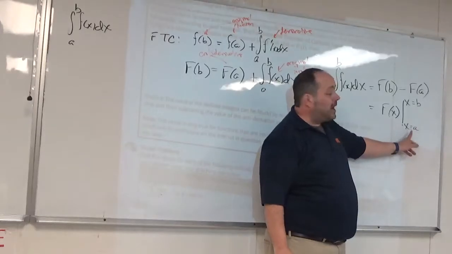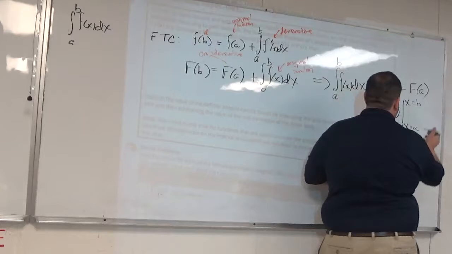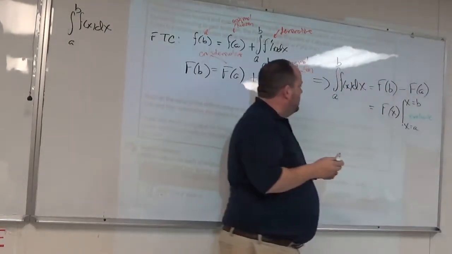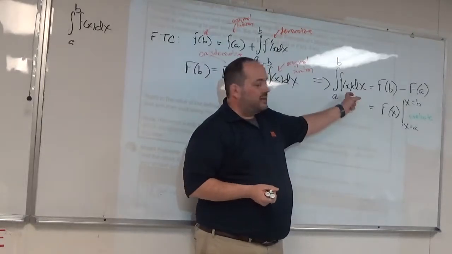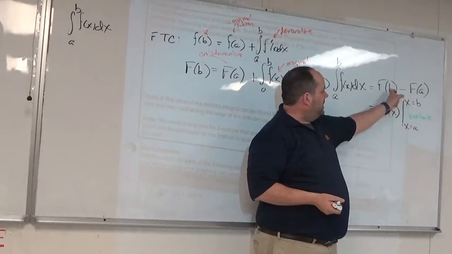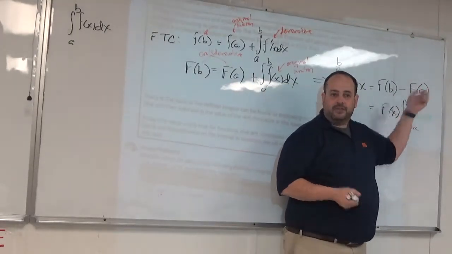This now says from a point to a point, but it still means evaluate. So when it comes to evaluating a definite integral, you find the antiderivative, plug in the top limit, plug in the bottom limit, and subtract the two. Done.